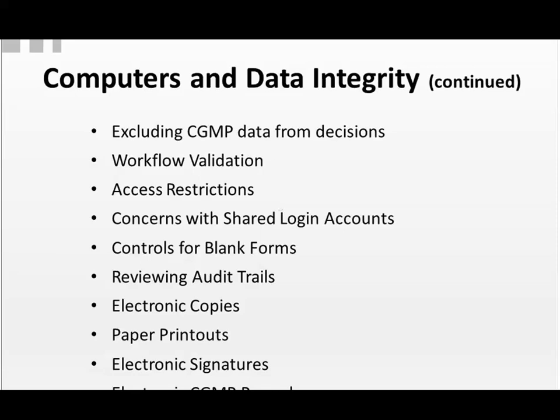You're not reviewing audit trails to make sure they are done with integrity. You're not maintaining electronic copies properly or paper printouts properly. You're not handling electronic signatures properly in compliance with 21 CFR Part 11 or your electronic CGMP records. All of these are areas where the FDA finds fault with companies.